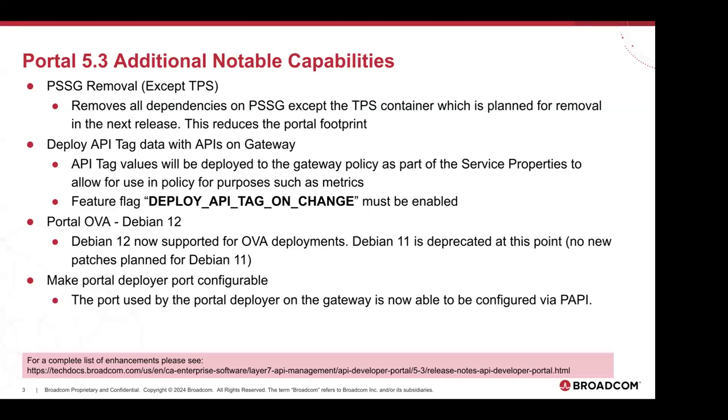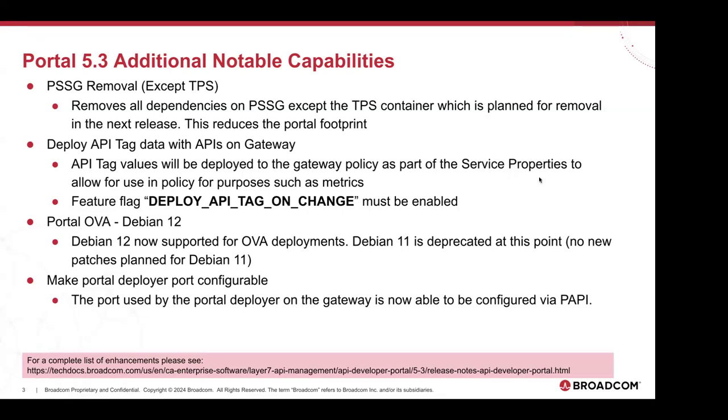Again, this will just be going to the service properties of the policy. The reason for providing that is we had some customers feeding data out to other external analytic solutions, and they like to be able to report based on the tags associated with each API. So this will make that tag data available within policy so that you can capture that as part of the metrics that you're capturing.